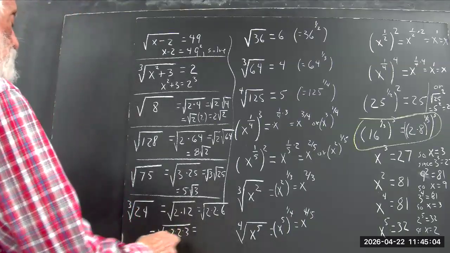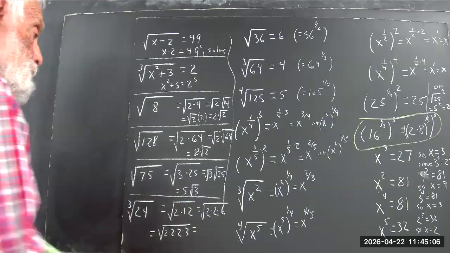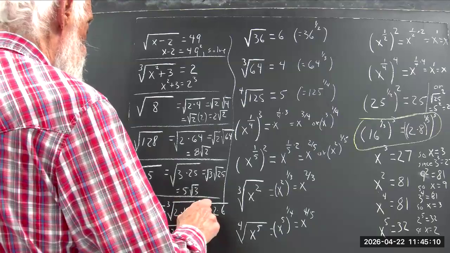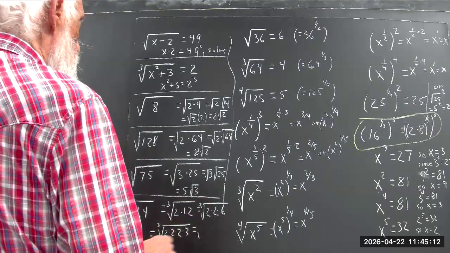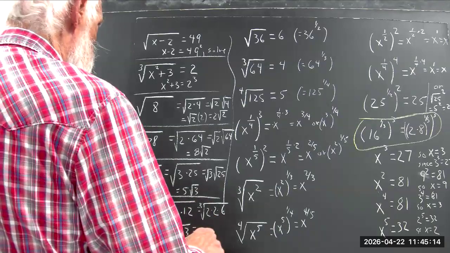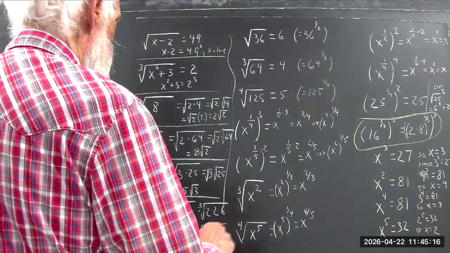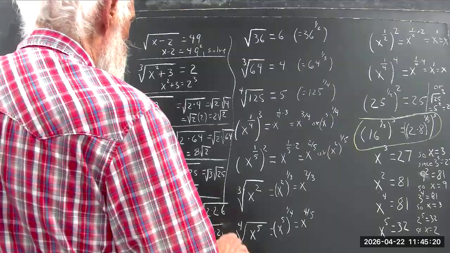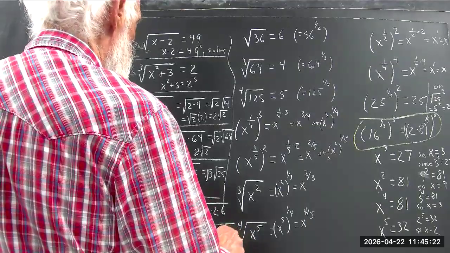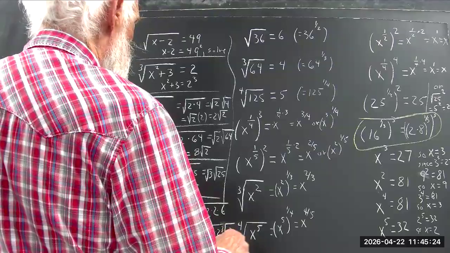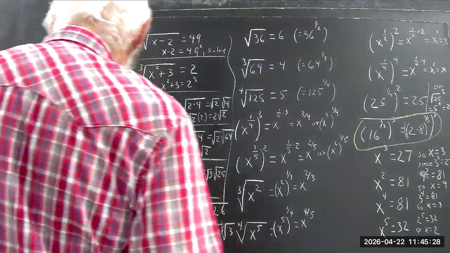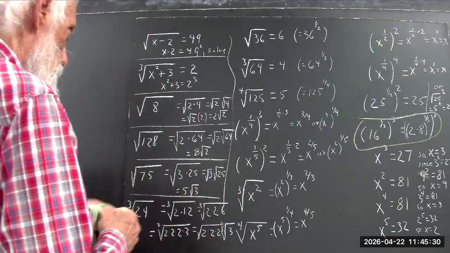Now, the square root of 2 times 2 times 2 is just 2, but I'm going to write this out. And it's the cube root, not the square root. The cube root of this is the cube root of 2 times 2 times 2 multiplied by the cube root of 3.